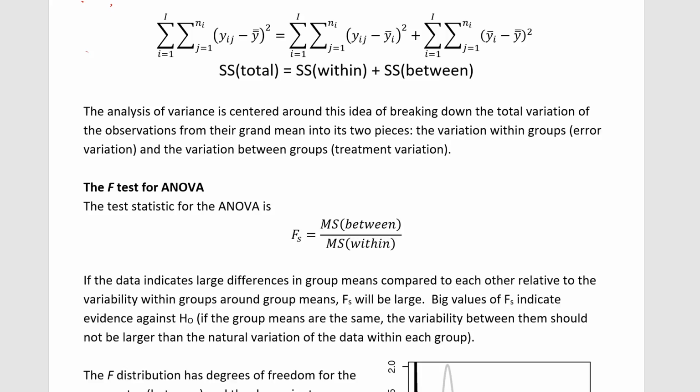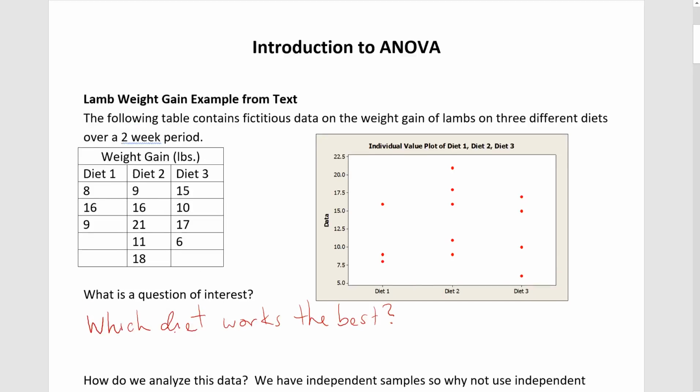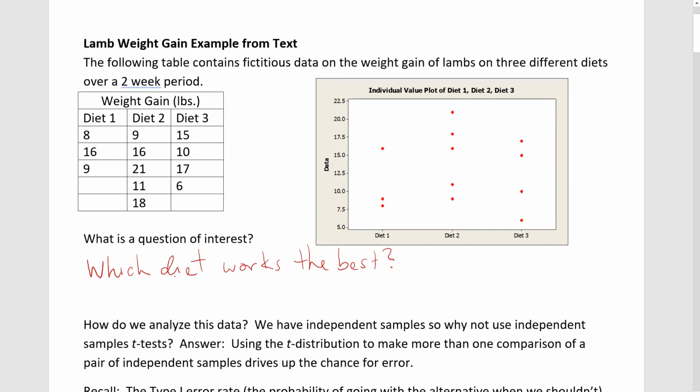It's centered around the idea of breaking down the total variation of the observations from their grand mean into the two pieces, the variation within groups, which is the error variation, and the variation between groups, which is the treatment variation. So think about it for a second. If you look at the scatter plot that we started with, there's within group variability.